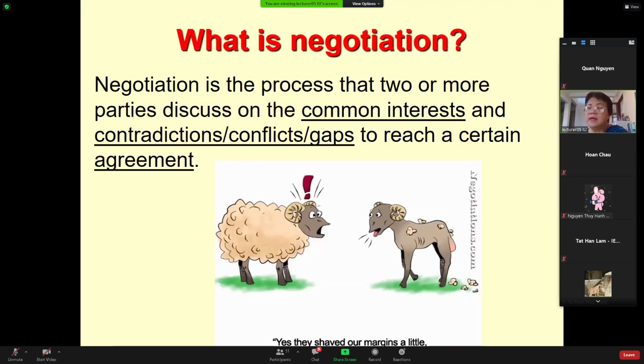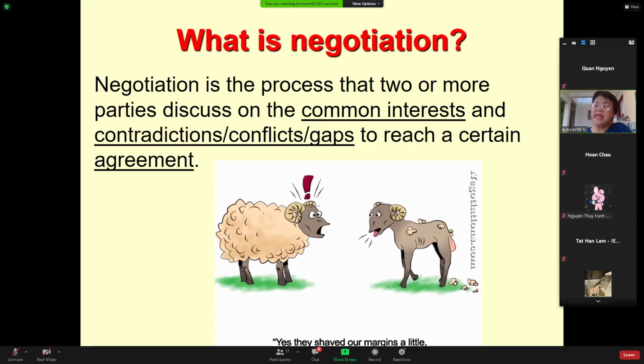So what is negotiation? Negotiation is the process that two or more parties discuss in the common interest, and a contradiction or conflict or a gap, to reach a certain agreement.